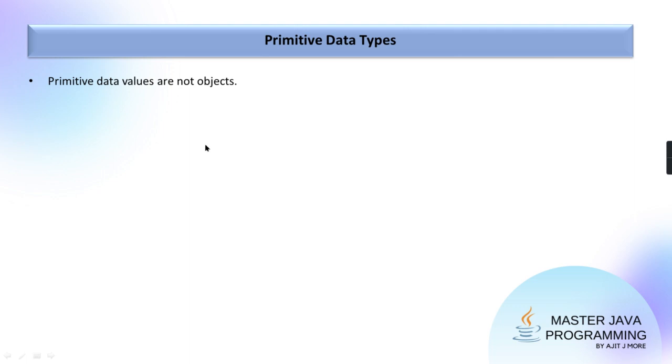Then we call it a pure object oriented language. And a language in which object oriented concepts like class, object, constructor, destructor, inheritance, polymorphism are all there, but primitives are not objects, primitives are primitives only, we call it a true OOP, not a pure OOP.